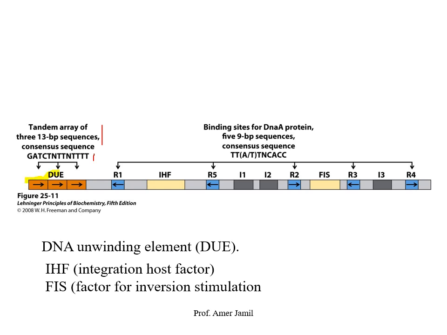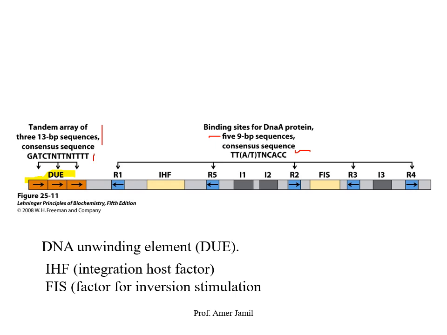And then there are 9 base pair sequences; if we look at the consensus sequence, this is the consensus sequence for these. These are the 9 base pair sequences which are present a little apart from each other. They are not present in tandem.